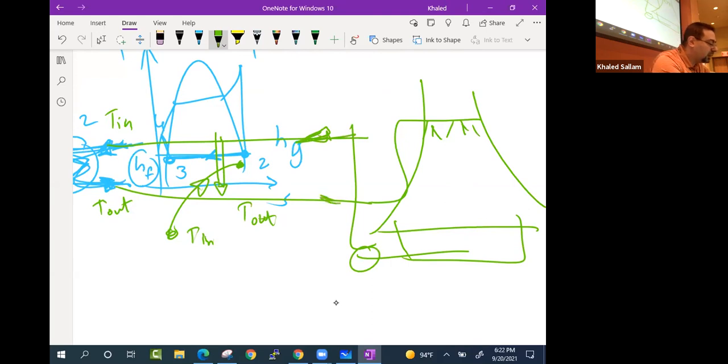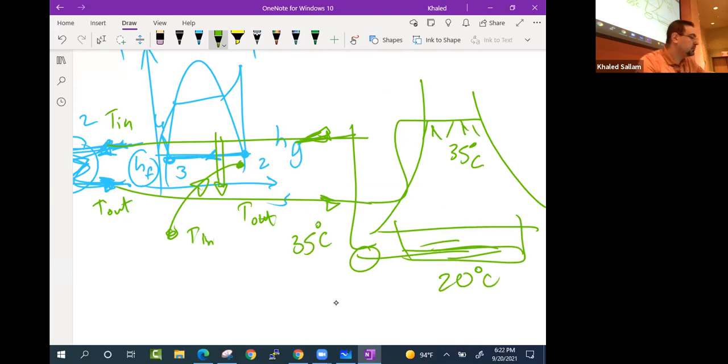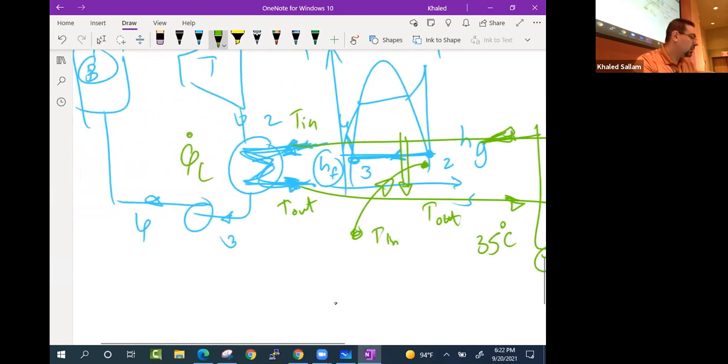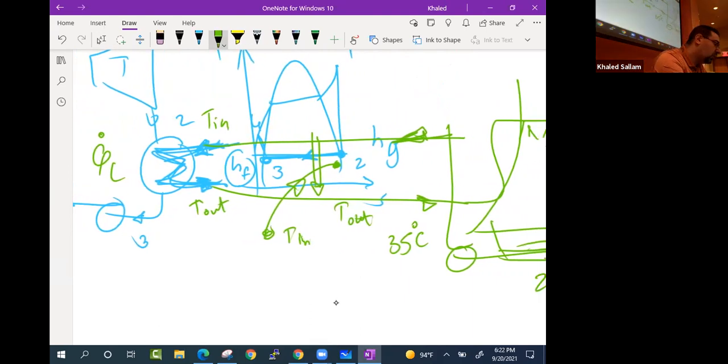So the water will come here at, say, 35 degrees C, get sprayed, and be pulled back at, say, 20 degrees C, so that the cycle continues again. That water goes outside in the air, gets cooled, and is ready again. So the cooling tower takes you here, and then the condenser takes you here, and the water continues on that journey.